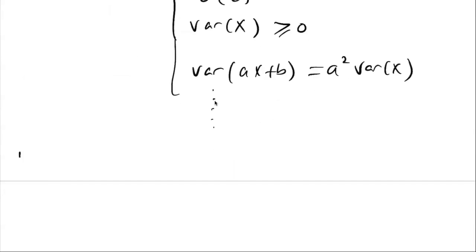So the proofs, let me leave them as an exercise, because the proofs are very similar to the discrete case. We did the proofs for the discrete case. Still, you can write the same proof. The only thing is that whenever you see a sigma, you have to replace it with an integral.